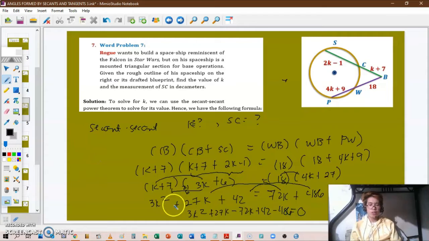And roughly that's going to give us 3K squared, and 27 minus 72 is going to give us negative 45K. And then 42 minus 486 is going to give us negative 444. Negative 444 is going to be equal to 0.